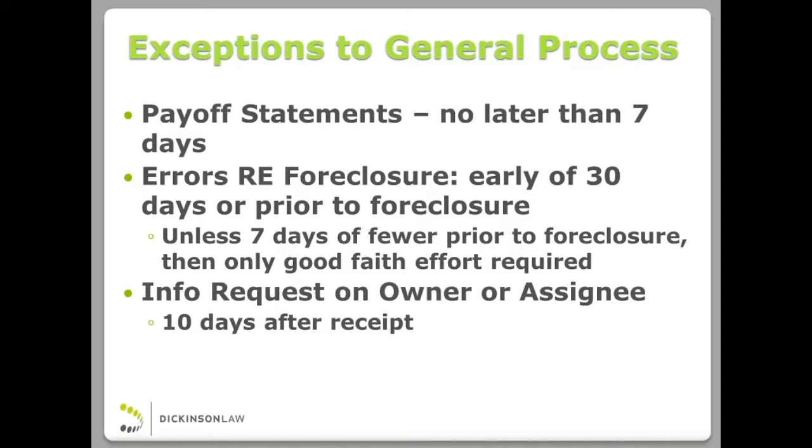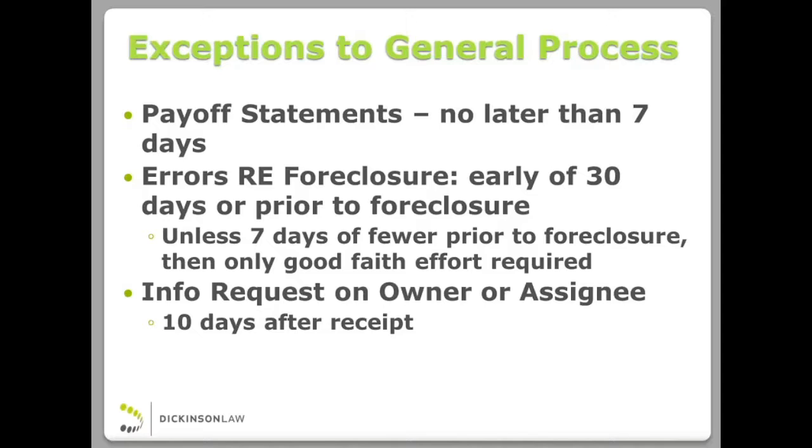But if they're closer, if they're within 30 days of that foreclosure date, you need to respond prior to the foreclosure. The exception to that is if you're 7 days or fewer prior to that foreclosure sale, then you're exempted from the requirement to respond prior to the foreclosure, but you're still expected to make some good faith effort to investigate it to the extent that you can.